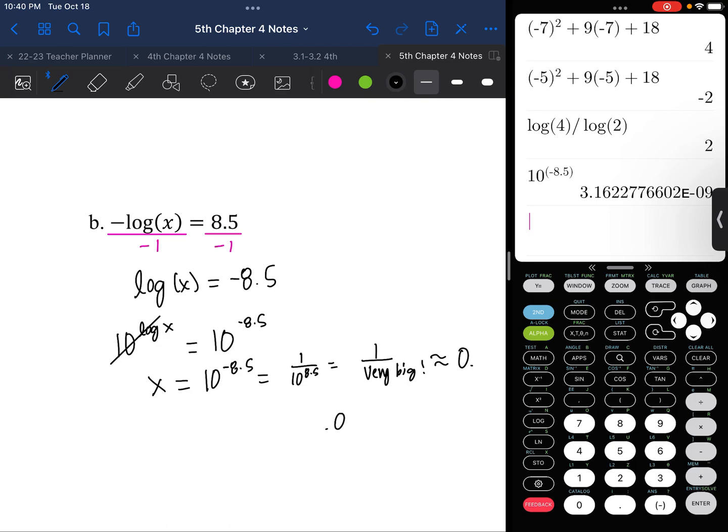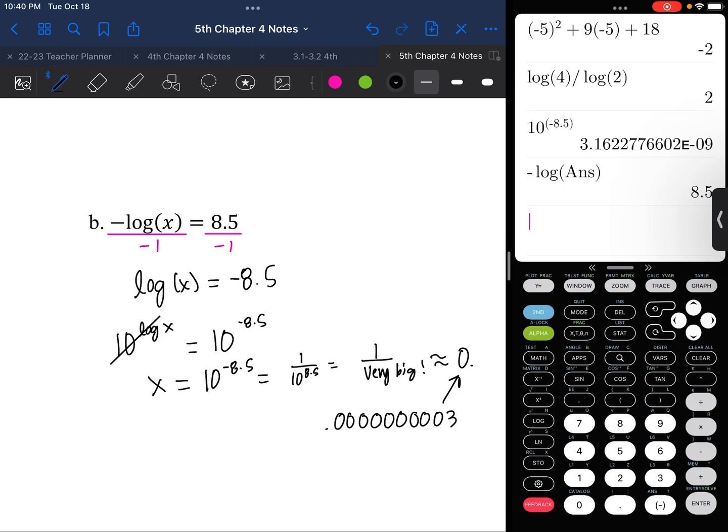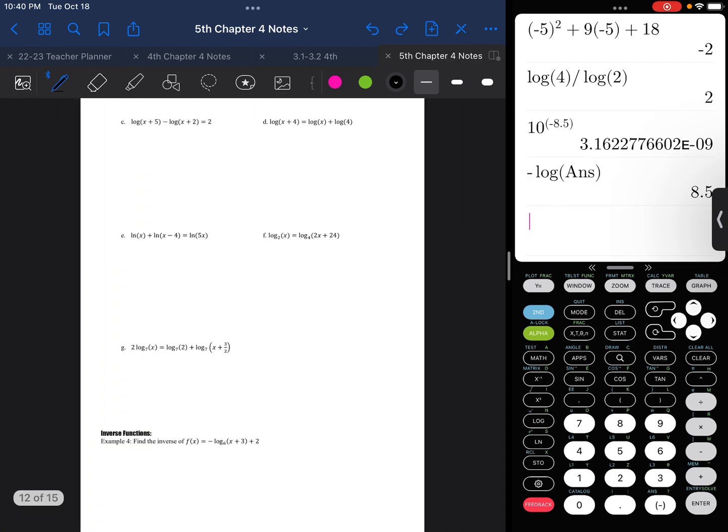So that would be point 1, 2, 3, 4, 5, 6, 7, 8, 9, 3. Which is basically 0. But then that's interesting. Because what happens when you try to take the negative log of almost 0? Interesting. That's exactly what it came out as. Okay, go ahead and move on.